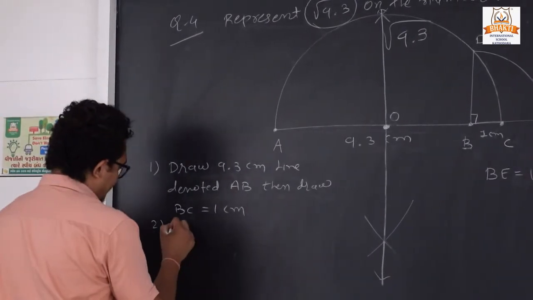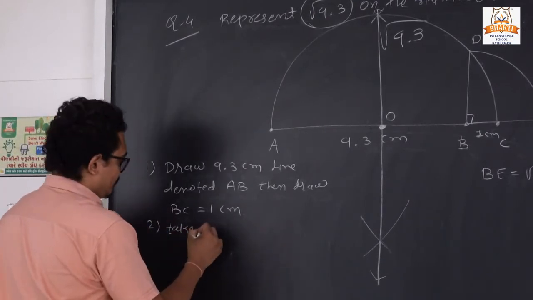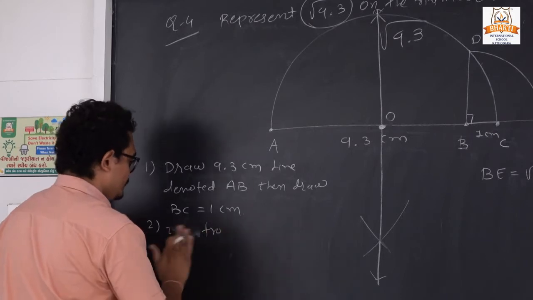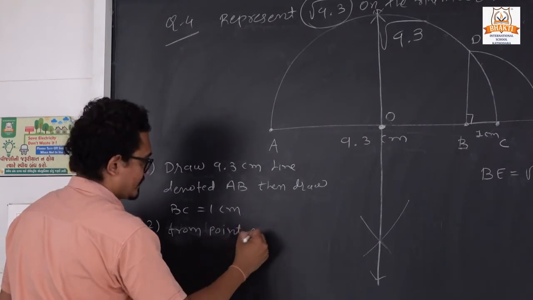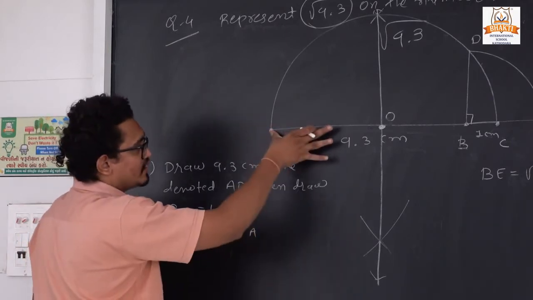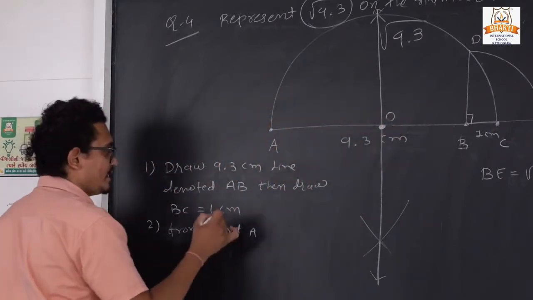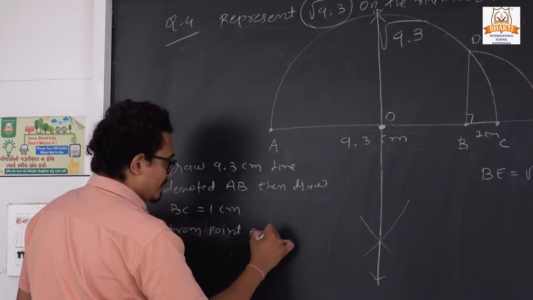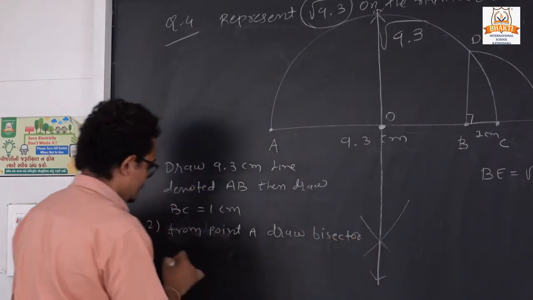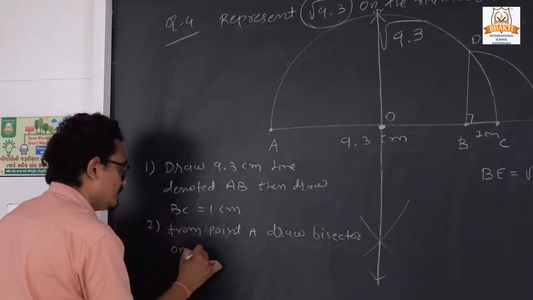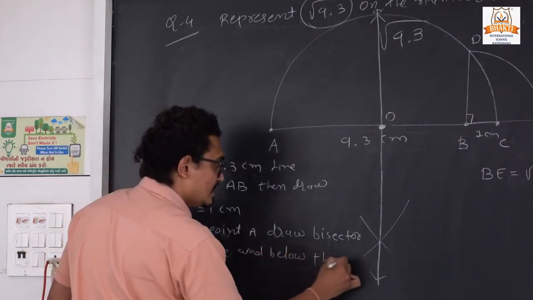So from point A, we take a measurement more than half. From point A, draw the bisector above and below the number line.